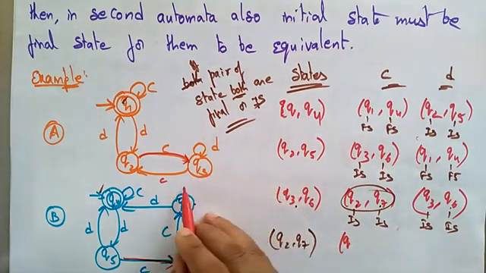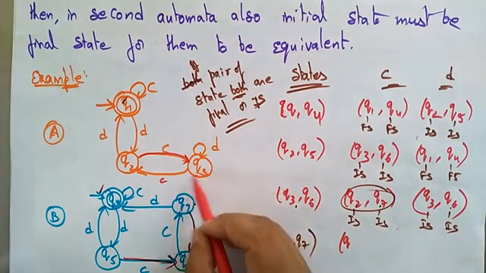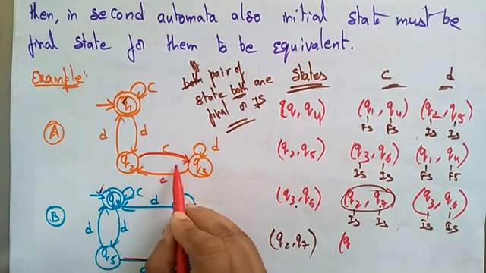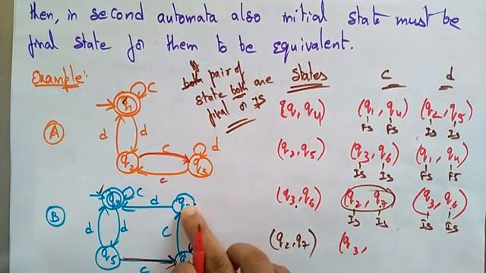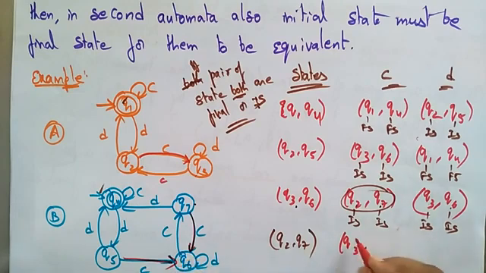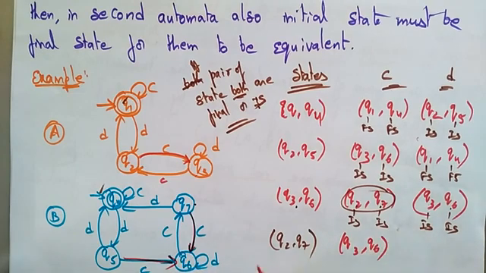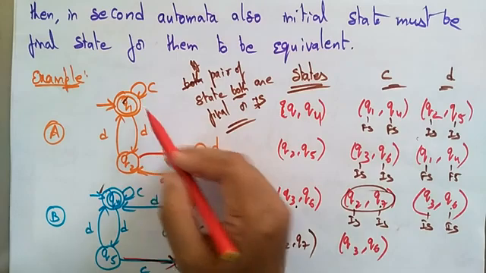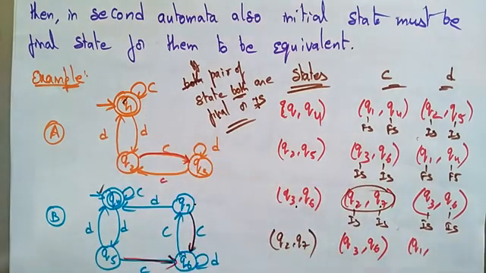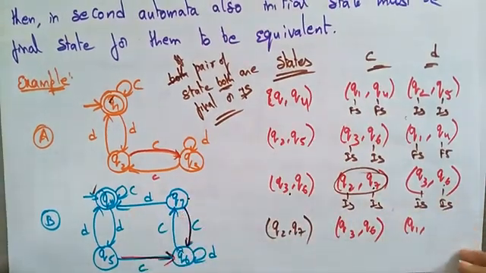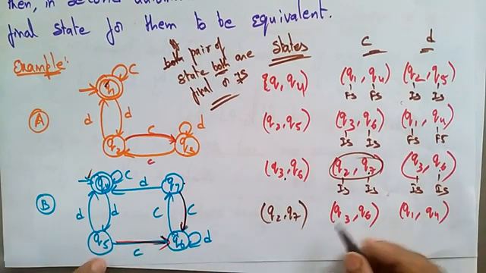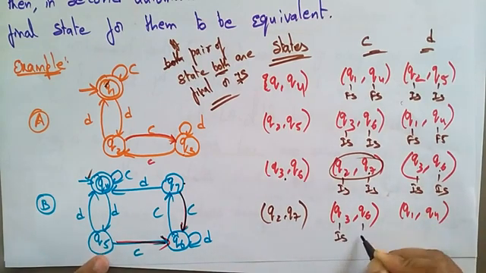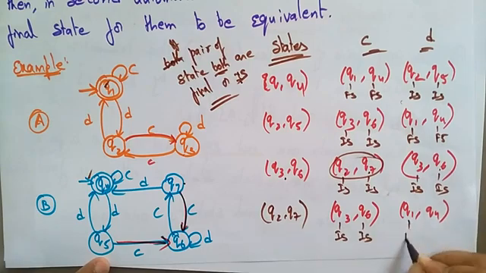Q2 on C goes to Q3 and Q7 on C goes to Q6. Now Q2 on D goes to Q1, which is a final state, and Q7 on D goes to Q4, which is also a final state. So Q3 is an intermediate state, Q6 is an intermediate state, Q1 is a final state and Q4 is a final state.